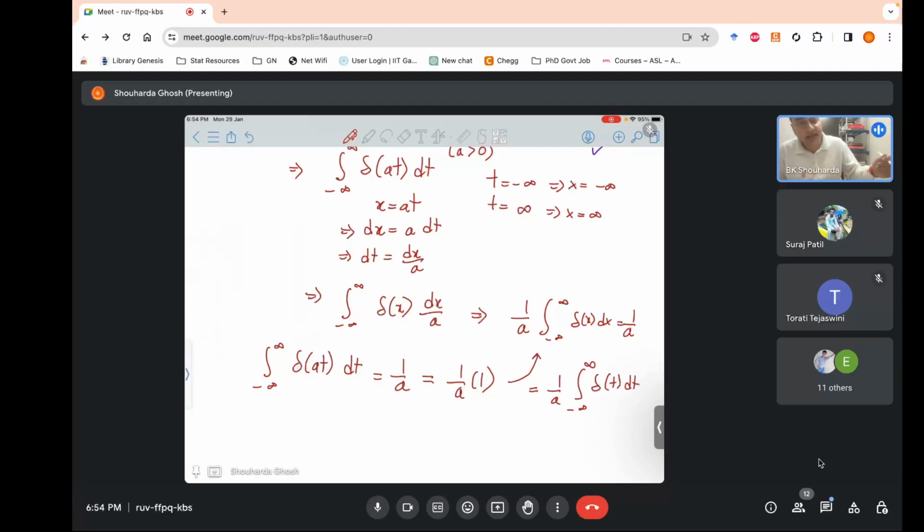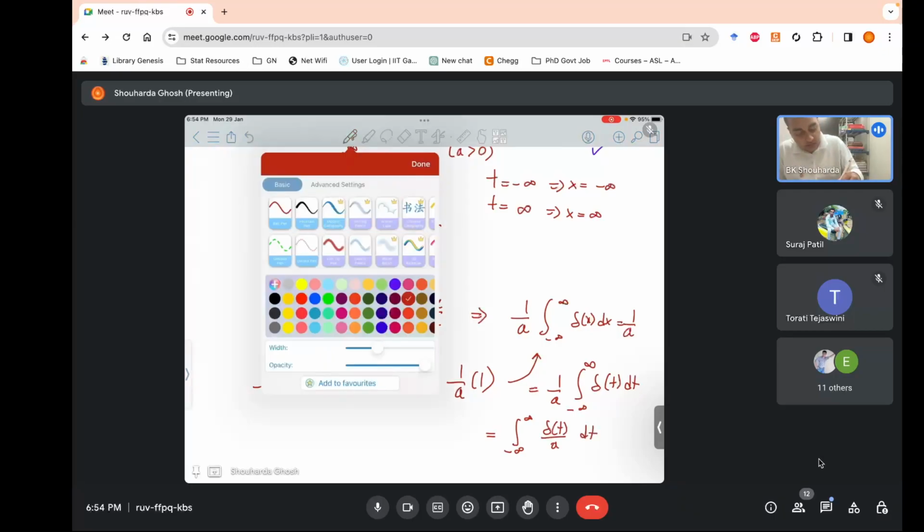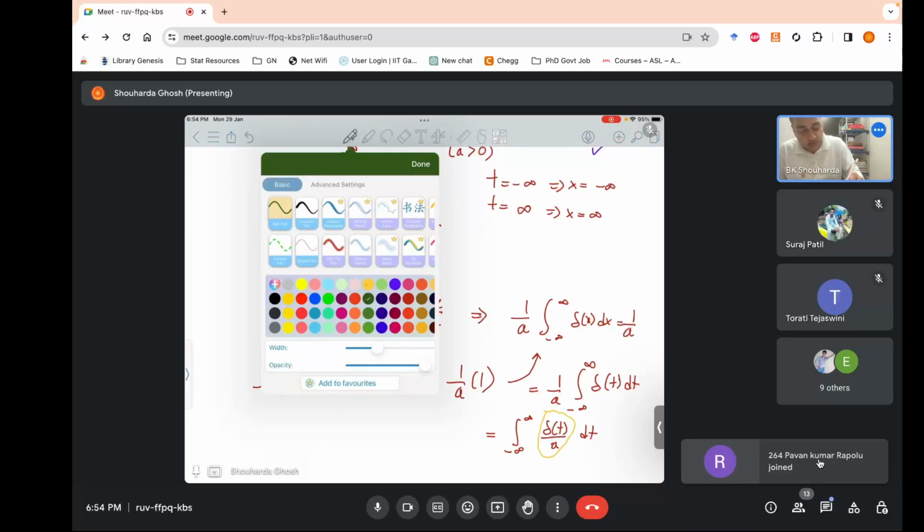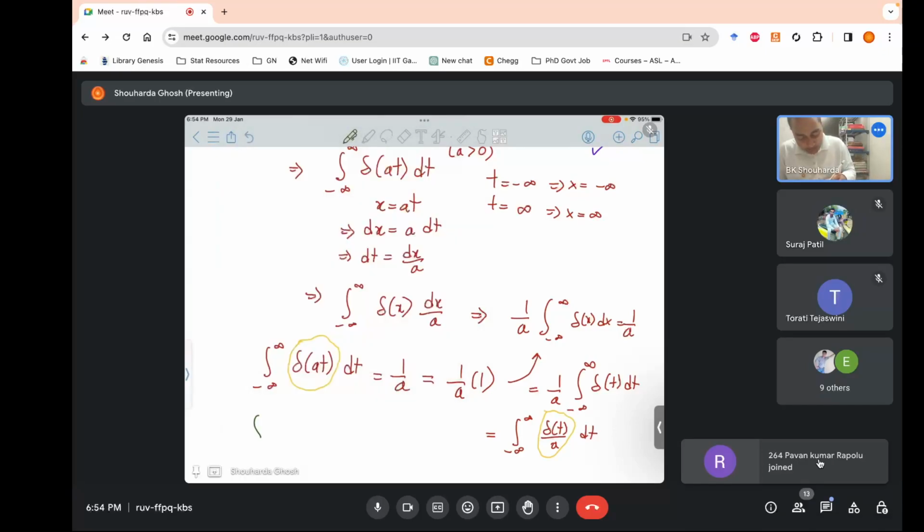Now we are back substituting our original variable. I put this a inside and I get delta t upon a dt. Now what do we do? We have delta at over here, we have delta t over a over here, and what do we get finally? Delta at is 1 upon a delta t.